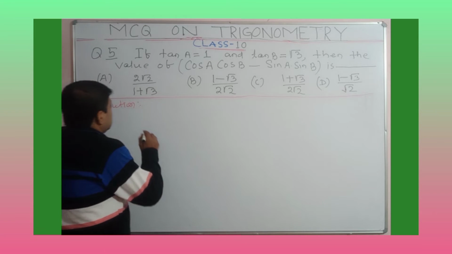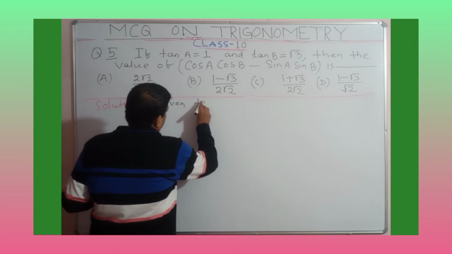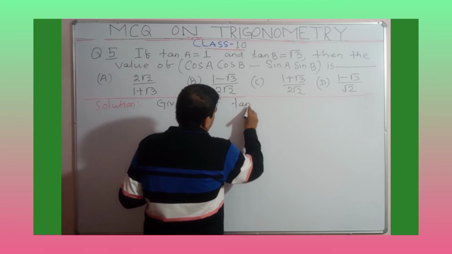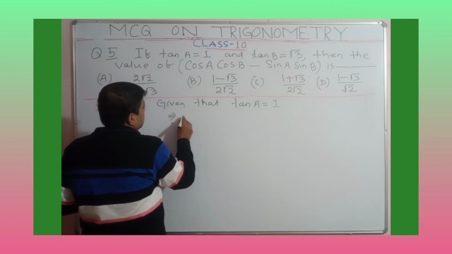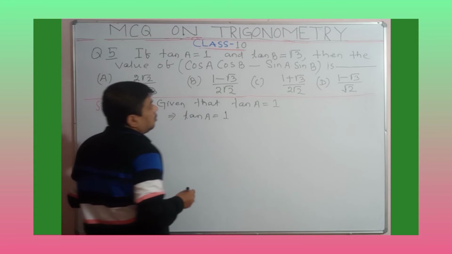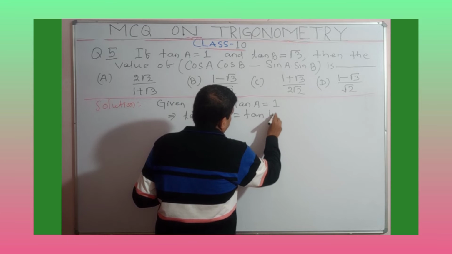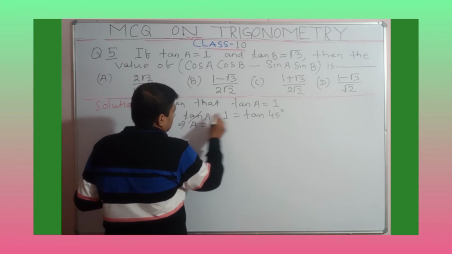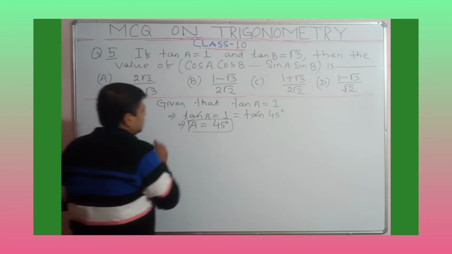As asked by the question, first of all you see, given that tan A is equal to 1. You know the value of tan A means tan 45 degree, that implies A is equal to 45 degree. Tan can be cancelled, so we got the value of A is 45 degree, very simple.